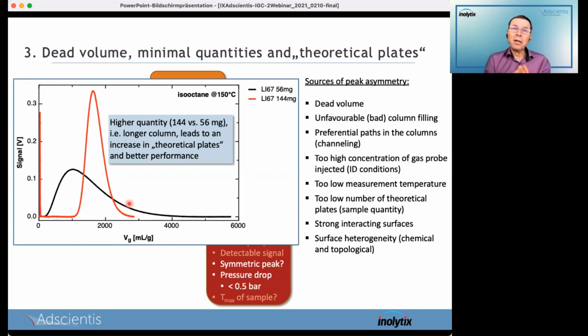If you try to minimize the retention time, for example with polar probes, if it's too short and takes less and less, yes, you're also causing a problem for asymmetric peaks because the separation performance in your column is not good enough. So I hope this example was illustrative enough for you to consider also this aspect for peak asymmetry.